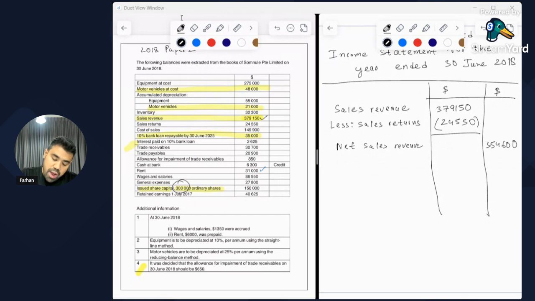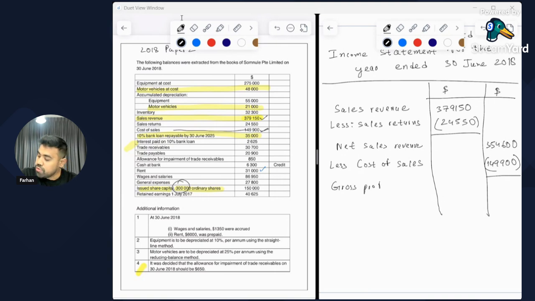Then we subtract the cost of sales. The cost of sales, is it given to us directly in this question? Yes, which is 149,900. So from the net sales revenue, we subtract the cost of sales of 149,900. So once you subtract the cost of sales from the net sales revenue, we get the gross profit.